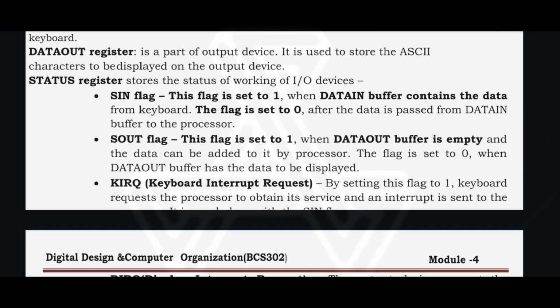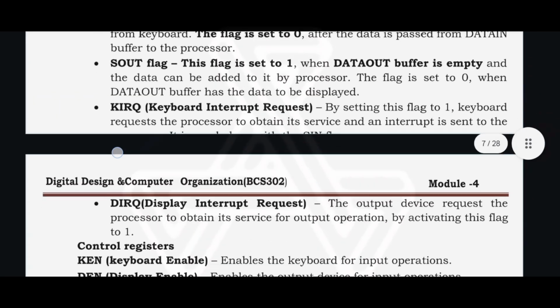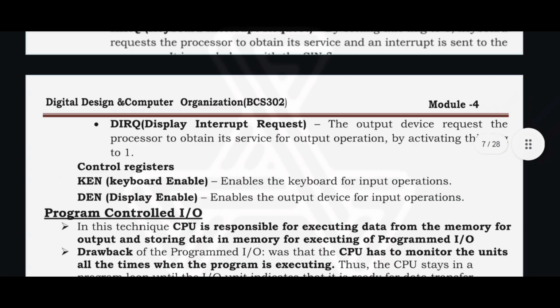KIRQ, keyboard interrupt request. By setting this flag to 1, the keyboard requests the processor to obtain its service and an interrupt is sent to the processor. DIRQ, display interrupt request. The output device requests the processor to obtain its service for output operation by activating this flag to 1.